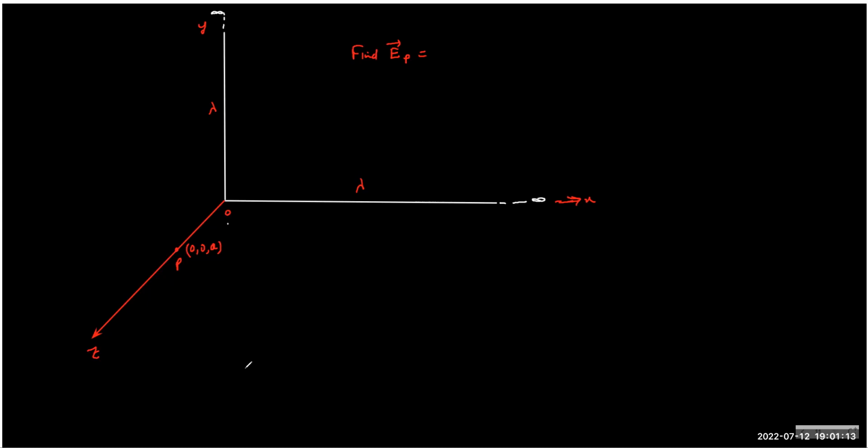So try this question, then I will solve it. It's a three-dimensional problem, and you need to deal with two separate planes actually, because the point P and the horizontal wire are in the XZ plane, but the same point P and the vertical wire are in the YZ plane, right?